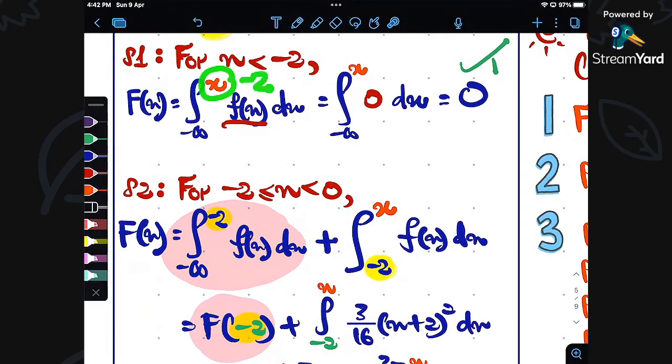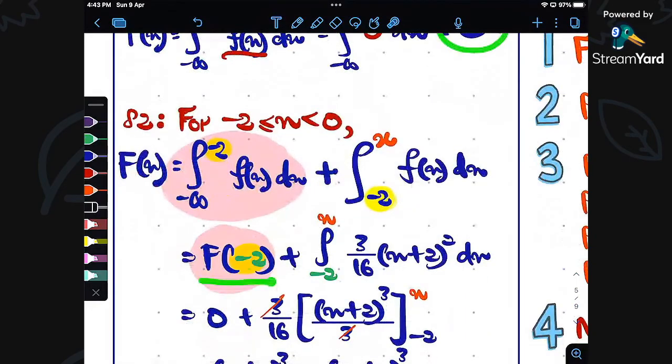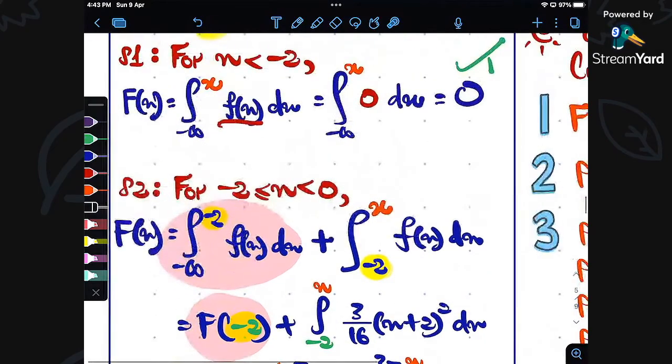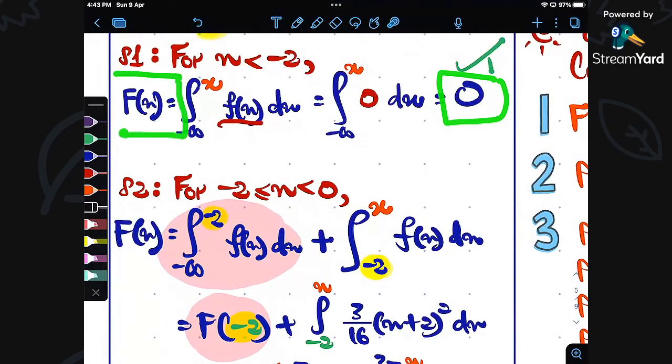If this is negative 2, it will give you the answer 0. And so F negative 2 is 0. That is how you do the solution. Make sure you understand the definition. If you understand it, you can know your answer directly.